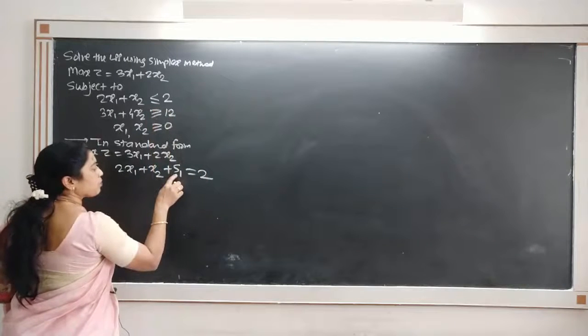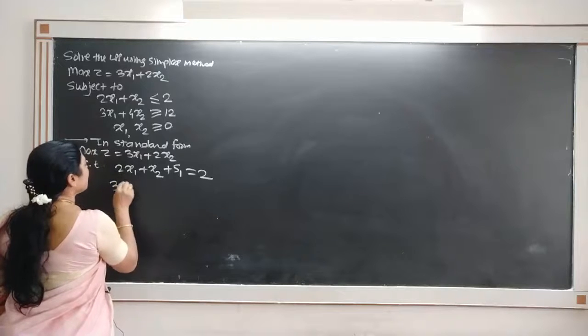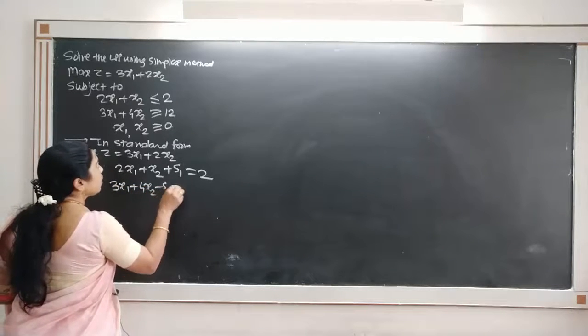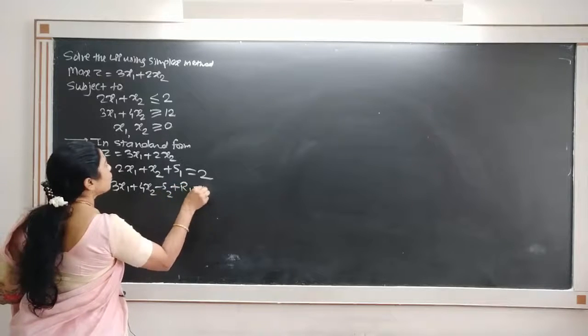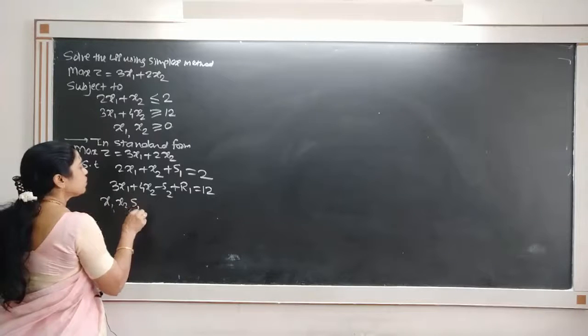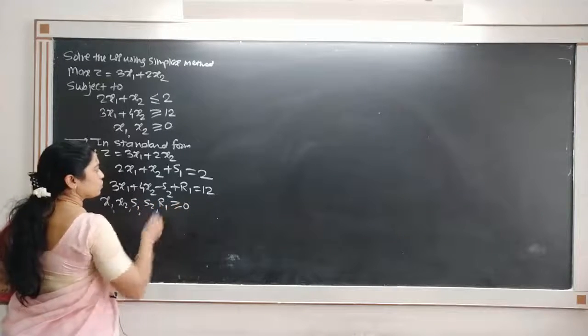Add slack variable because the constraint is less than or equal. Then 3x1 plus 4x2 minus s2 plus r1 equal to 12. x1, x2, s1, s2, r1 all greater than or equal to 0.